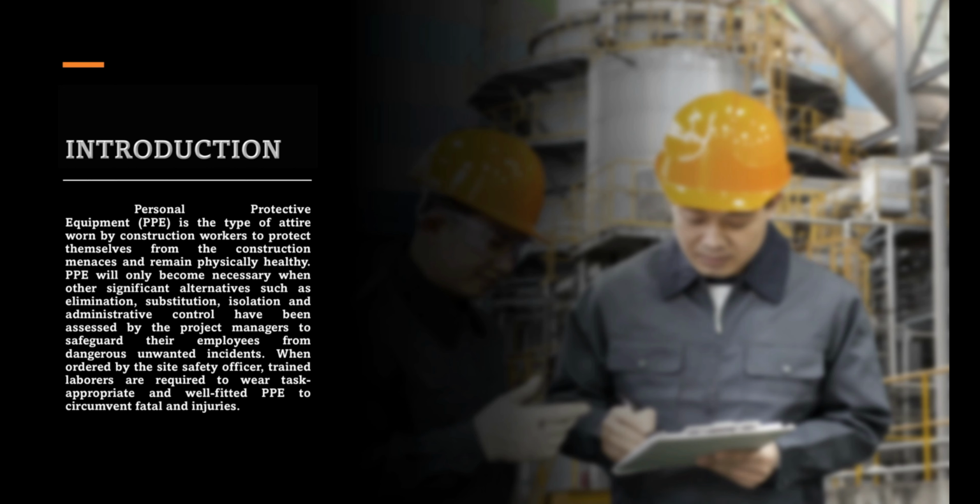PPE will only become necessary when other significant alternatives such as elimination, substitution, isolation, and administrative control have been assessed by the project managers to safeguard their employees from dangerous unwanted incidents. When ordered by the site safety officer, trained laborers are required to wear task-appropriate and well-fitted PPE to circumvent fatal injuries.